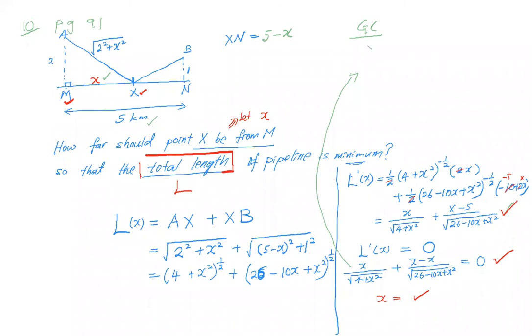So can you please key in your Y1 as your L(x)? Let me key in this one. Square root of 4 plus x squared, plus square root of, if you don't want, you can key in this one, it doesn't matter, 5 minus x squared plus 1. Okay, key in.